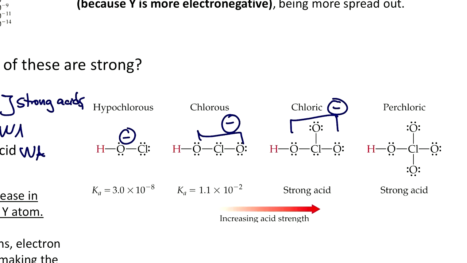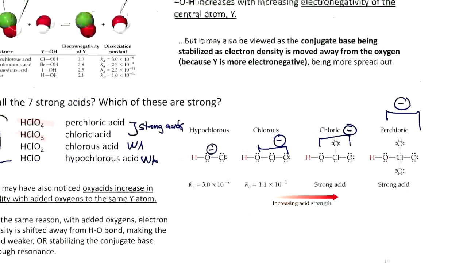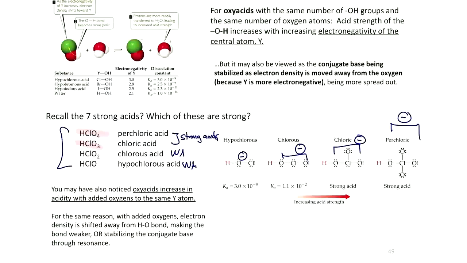Resonance stabilizes things, and you can move around that negative charge, making the conjugate base more stable. Perchloric acid has four oxygens, and so again, you can stabilize that negative charge across four oxygens. That's how you increase your acidity here.